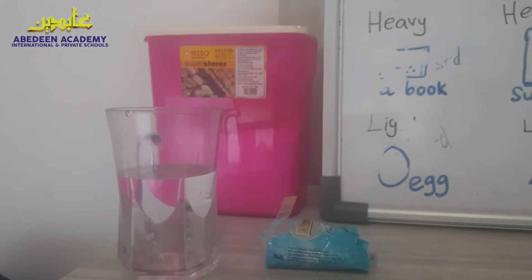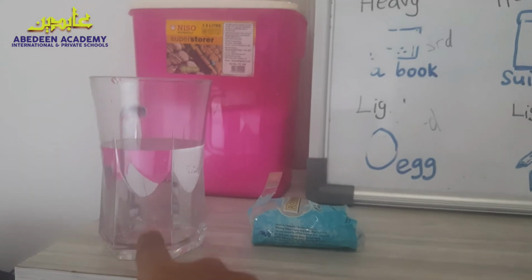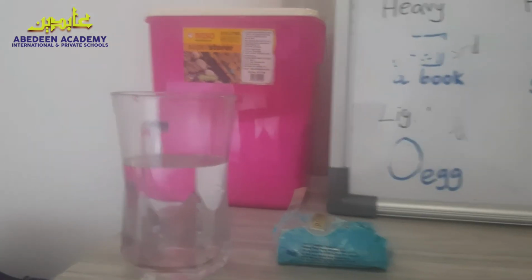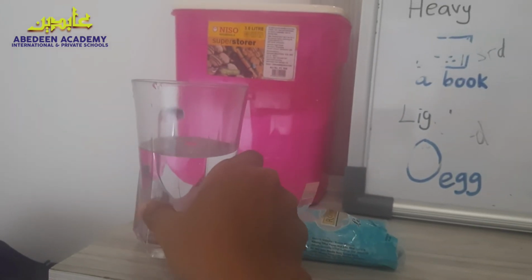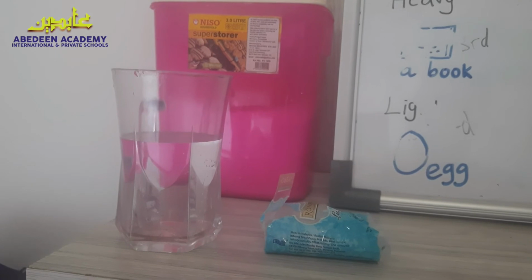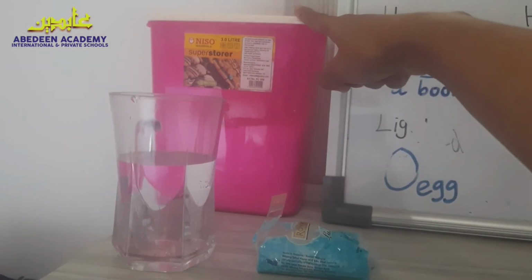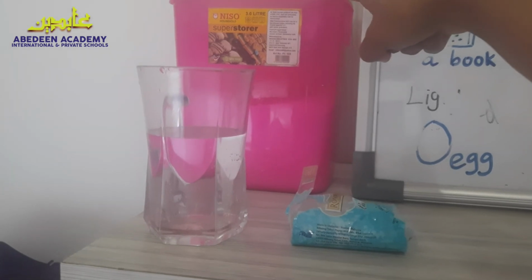All right, so if we want to compare these three, which one is the heaviest? Which one is the heaviest? Okay, we're gonna say this container is the heaviest, right? This container is the heaviest.